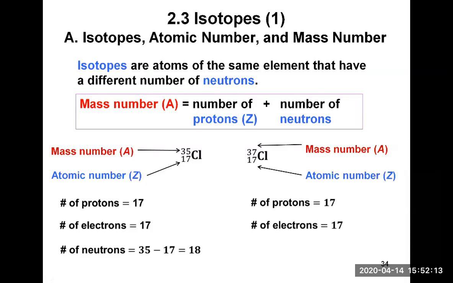The number of electrons is the same because it's neutral. And the number of neutrons is 37 minus 17 equals 20. So the chlorine 37 isotope has 20 neutrons in its nucleus. So that's the only difference between these two chlorine isotopes. One has 18 neutrons, the other has 20 neutrons.